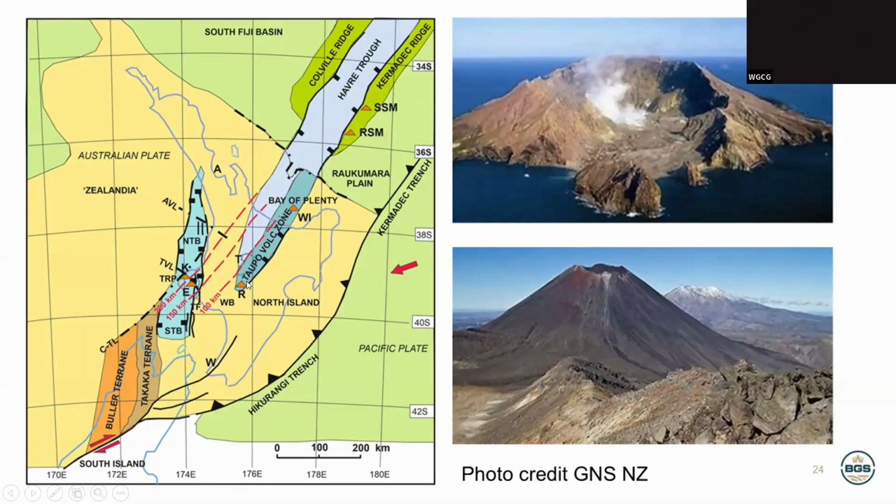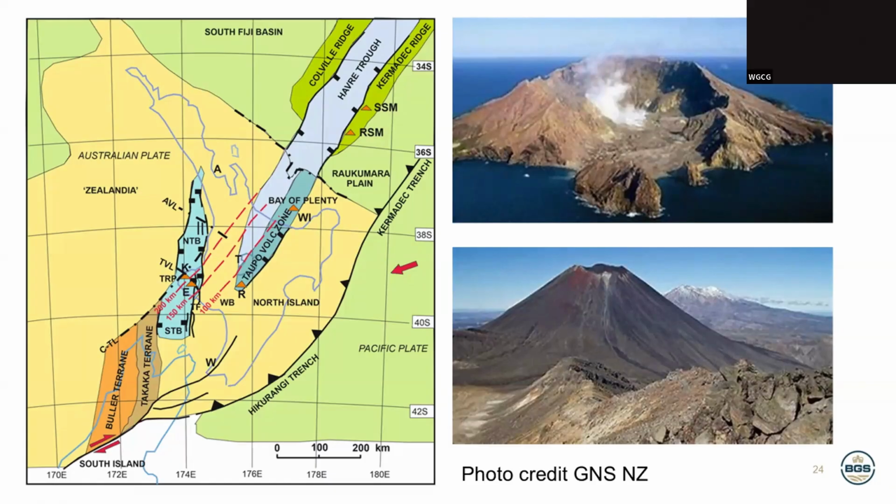And just before COVID, I made this connection between southern Britain and New Zealand, and realised that New Zealand explains many of the features that we see in southern Britain in the Precambrian.